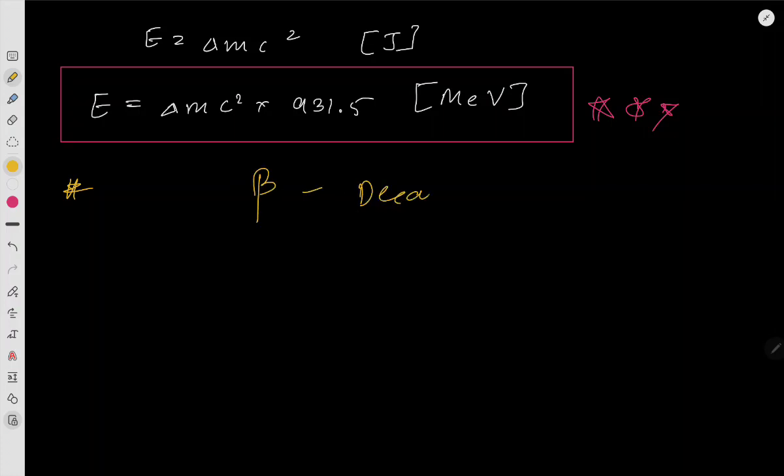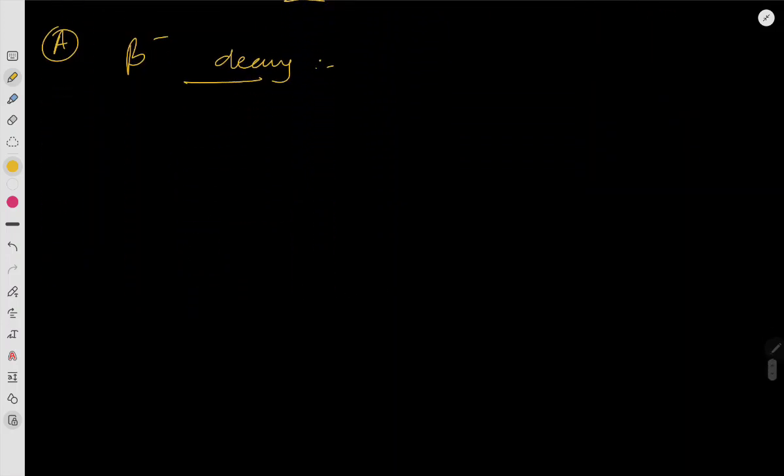Beta decay. Let us start with beta minus decay first, because there is a new type of particle there in beta plus, so we'll explore it afterwards. Here also there is one, but over there are two, like a positron and a neutrino. So let us first go.